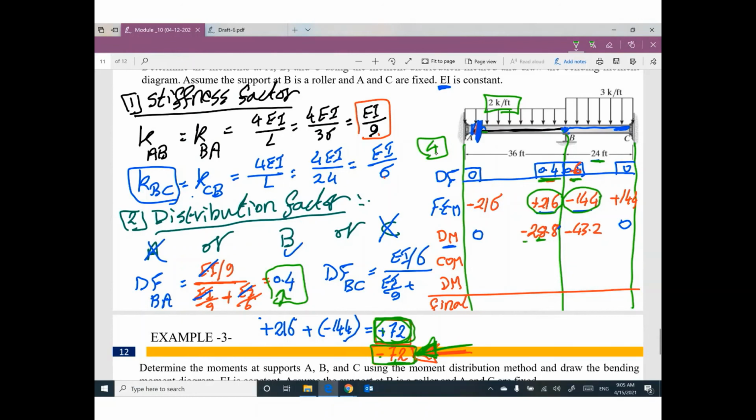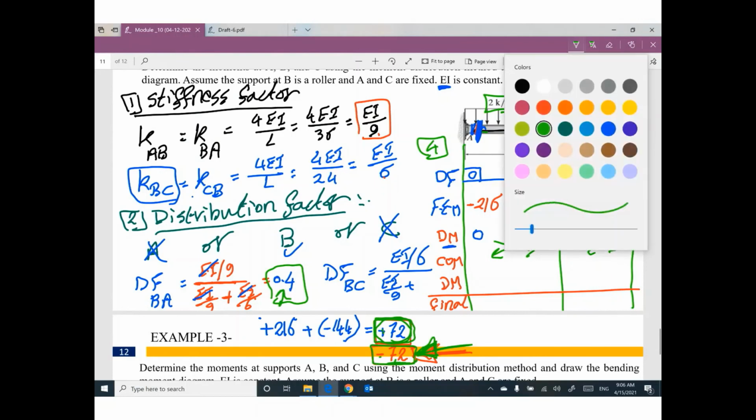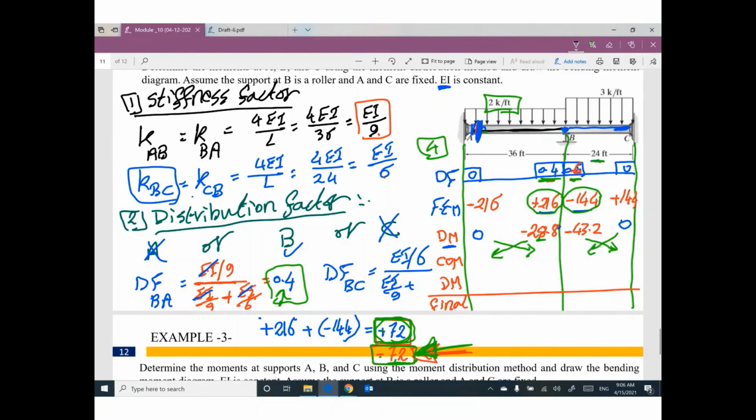Then I will do this cross. Very easy. Each number will affect the other side by half value. Half of 0 is 0. Half of 0 is 0. Negative 28.8 will affect the other side by negative 14.4, half value.